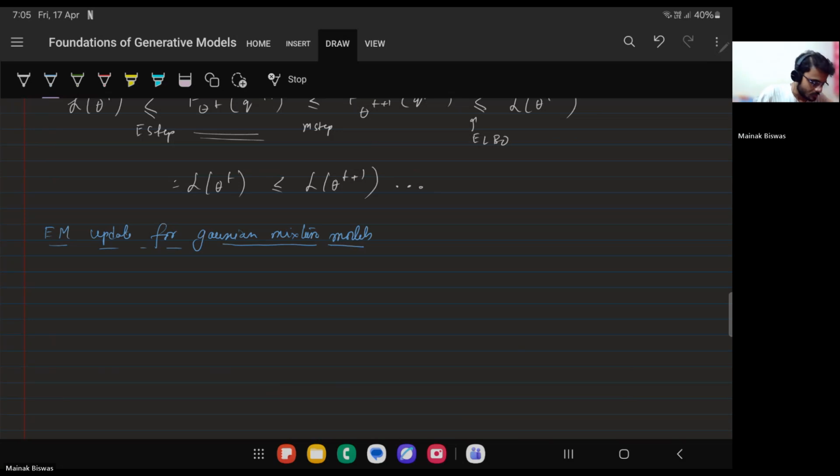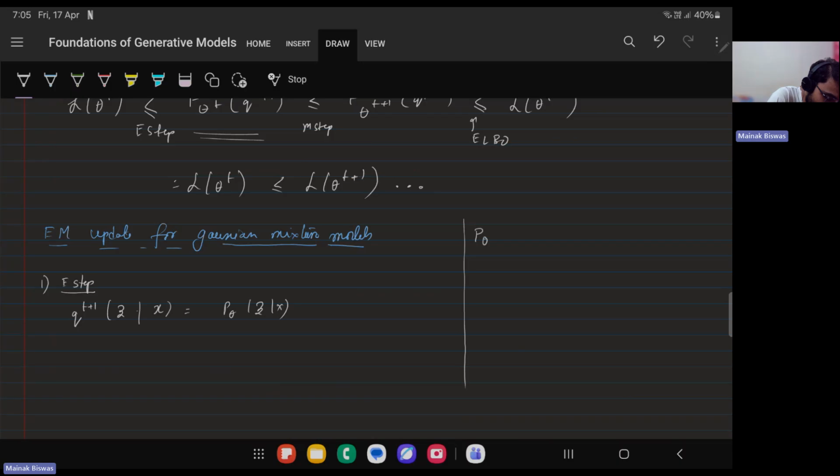Okay. So what is the update for the Gaussian mixture model is what we'll see. First is the E step. In the E step, we say that Q t plus 1 of Z given X is equal to P theta of Z given X. Now recall from the very beginning, what does GMM assume?